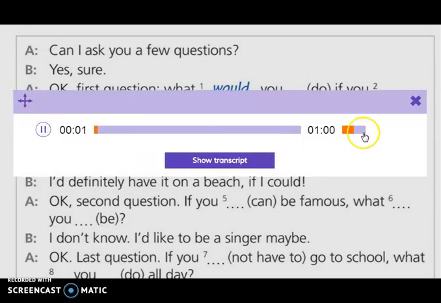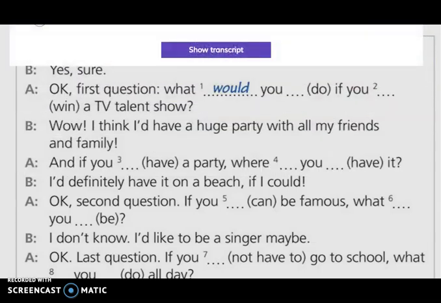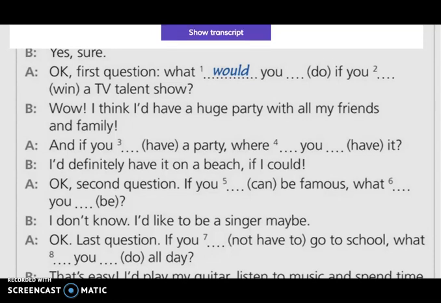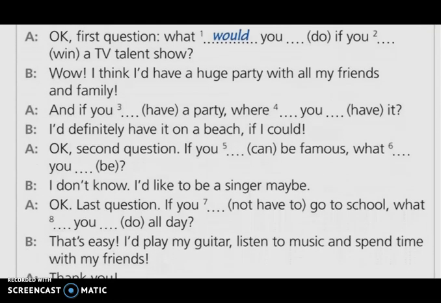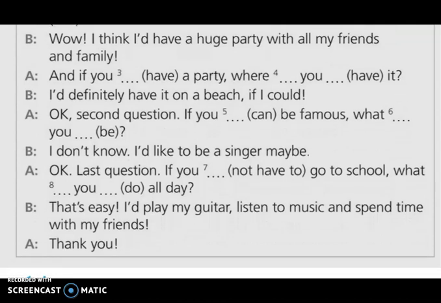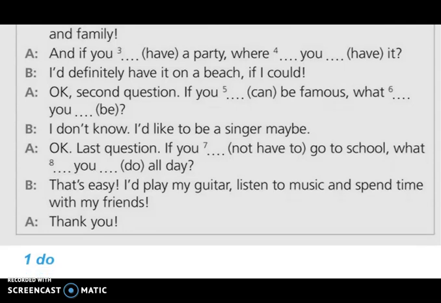Can I ask you a few questions? Yes, sure. Okay, first question. What would you do if you won a TV talent show? Well, I think I'd have a huge party with all my friends and family. And if you had a party, where would you have it?